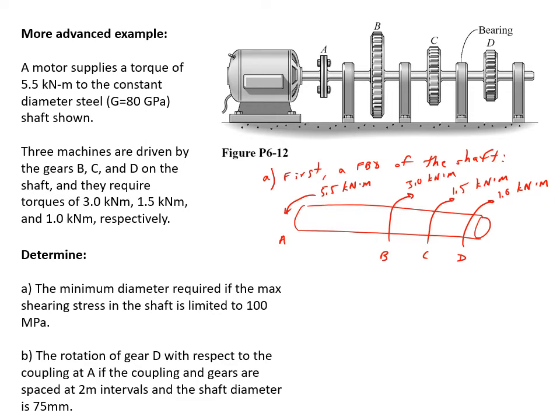So what we're going to have to do is basically slice this shaft like this, so that we find the torque acting on this zone here between A and B. So I'll just say to find the torque acting on shaft AB. All right.